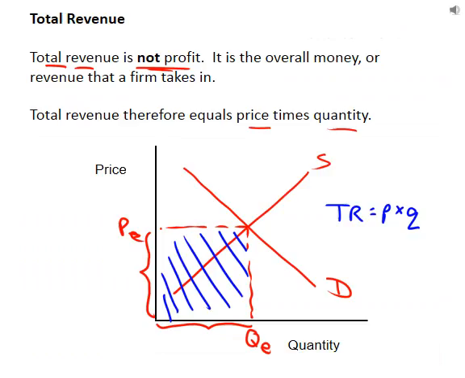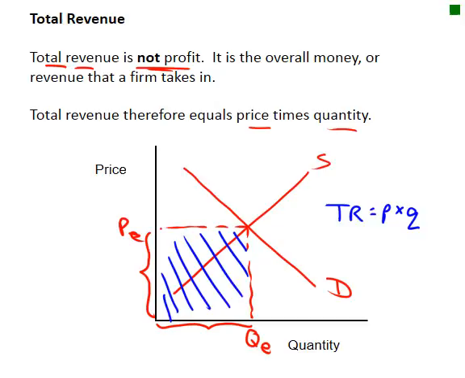Total revenue, and we're going to need this concept as we move through the elasticity. But total revenue is not profit. It's the overall money or revenue that a firm takes in, and it equals price times quantity.